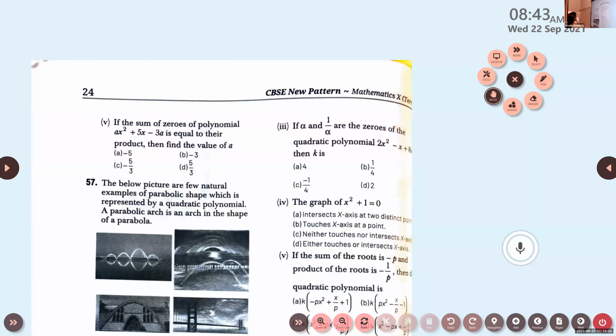Next one. The sum of zeros of the polynomial ax square plus 5x minus 3a is equal to their product. Sum of zeros is equal to their product. Then find the value of a.